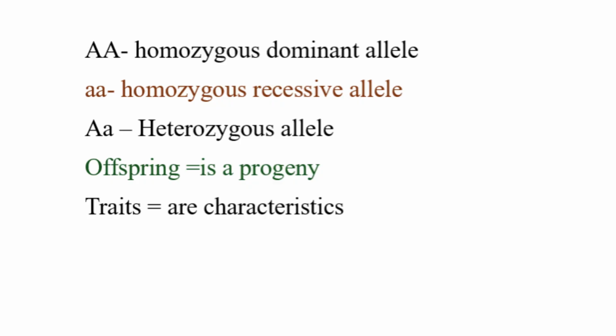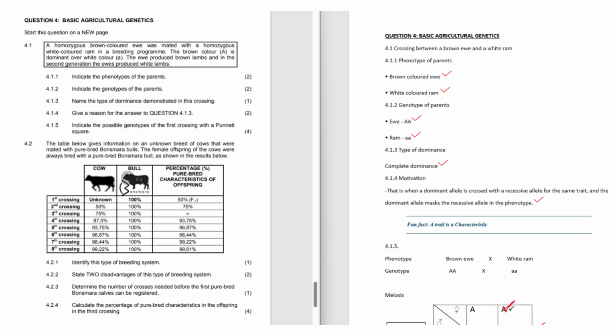Okay, then for this, let's see. An ewe is a female, and the ram is the male. Then you can see where they say homozygous brown ewe. Then we go to the second sentence. The brown color is capital letter A, which is dominant.